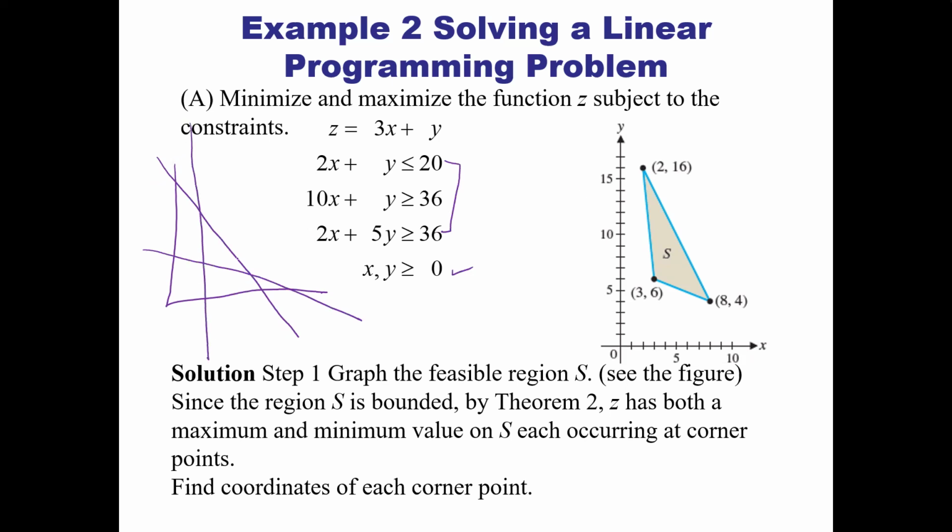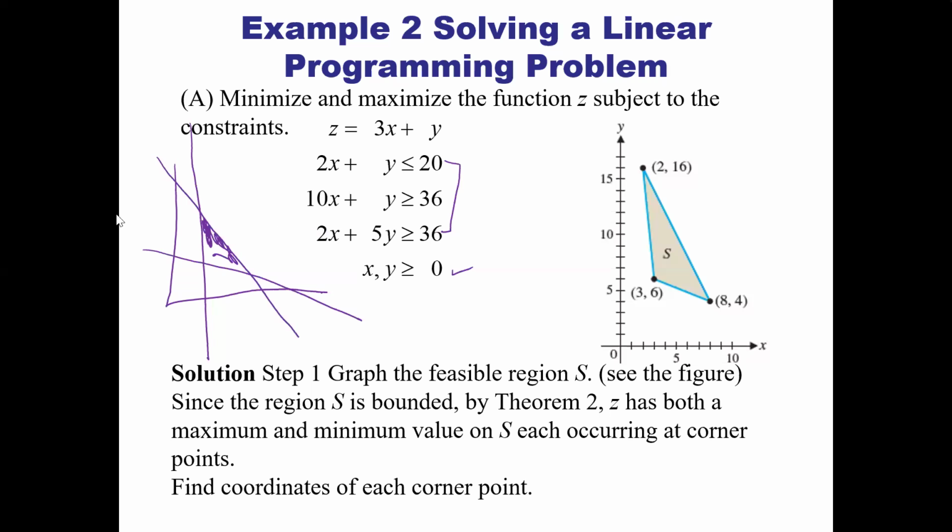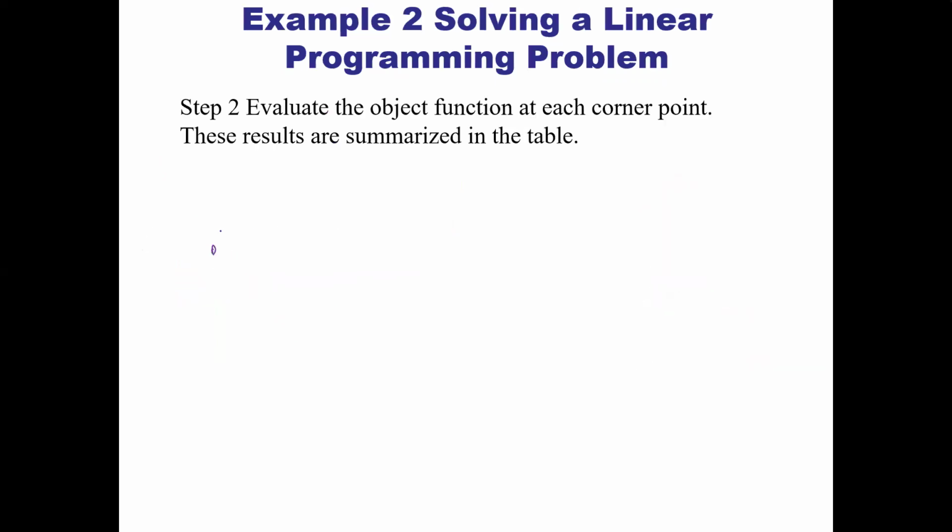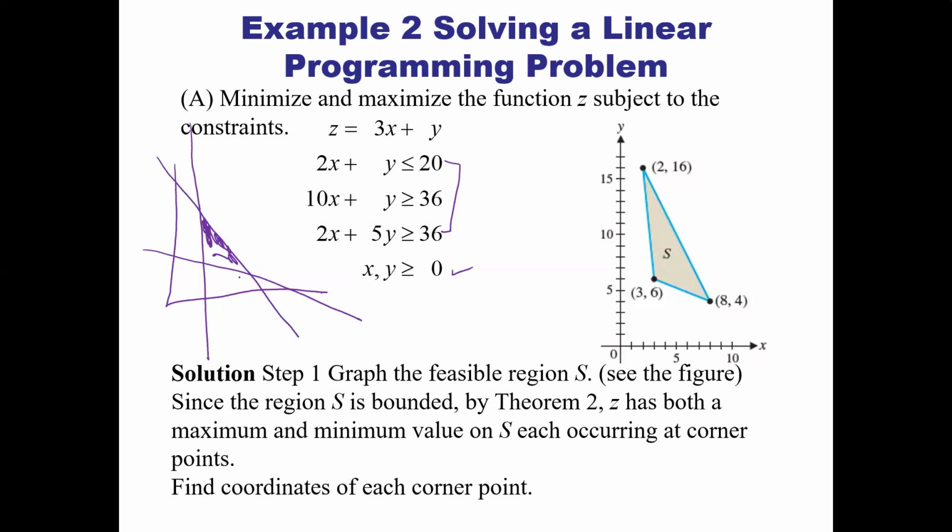And then this piece is really this shaded piece in here. So because it's going to be less than that line, greater than that line, and greater than that line, that's why we have something like this for S.